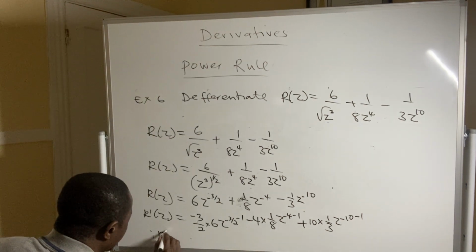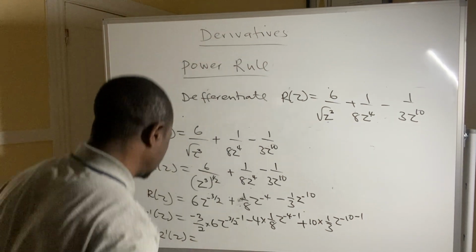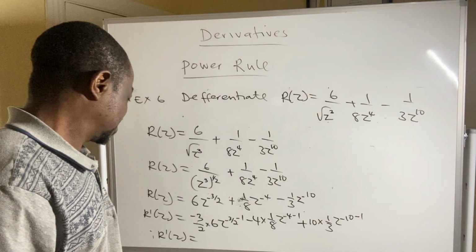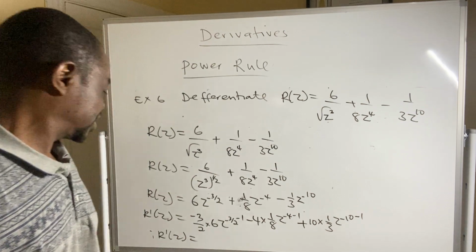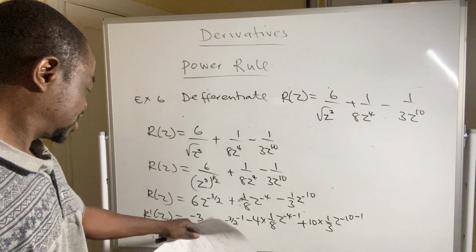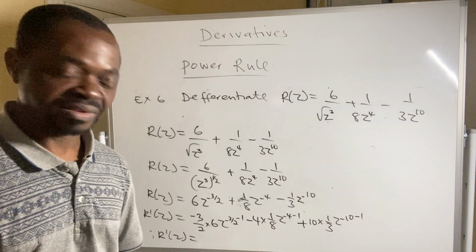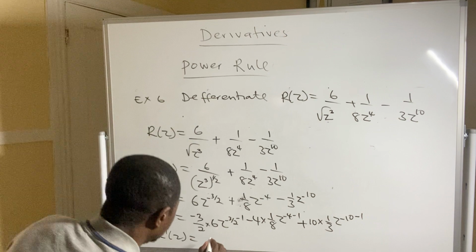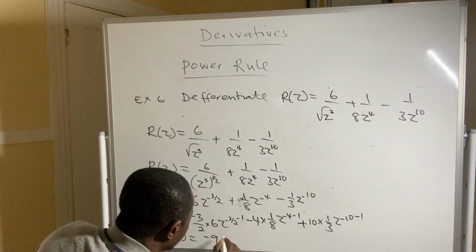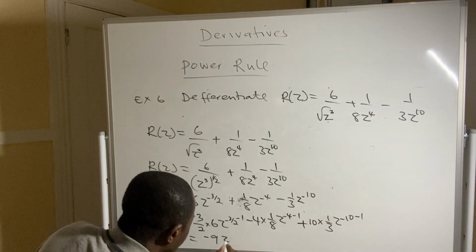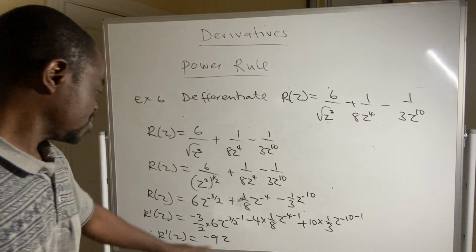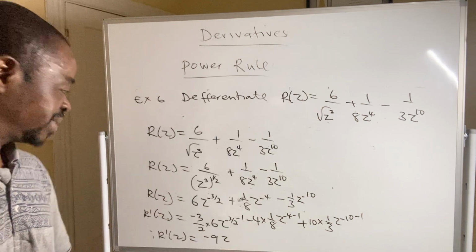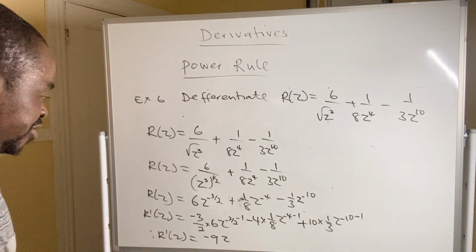So we have r prime of z is equal to, so if you take minus 3 over 2 multiplied by 6, so minus 3 times 6 is 18. 18 divided by 2 will give us 9. So give it negative 9. z to the power minus 3 over 2 minus 1. So that gives us minus 5 over 2.